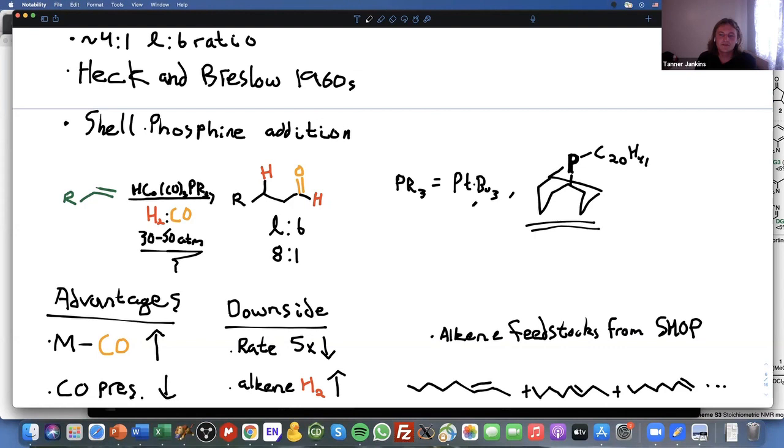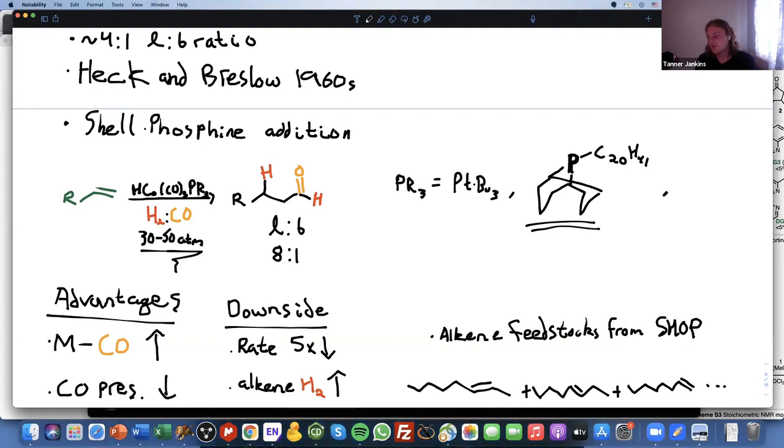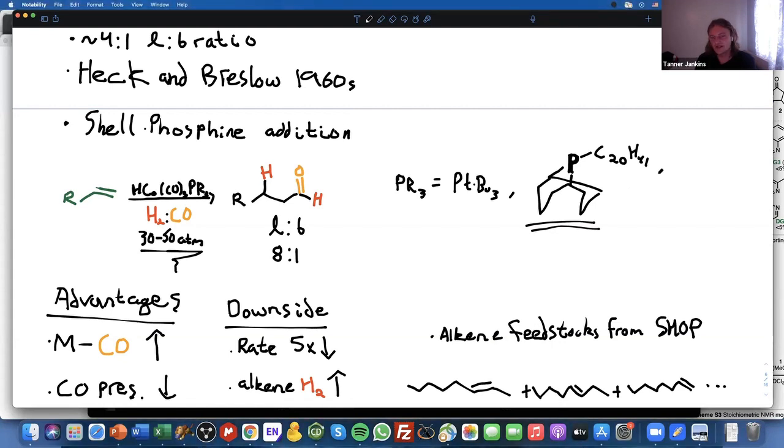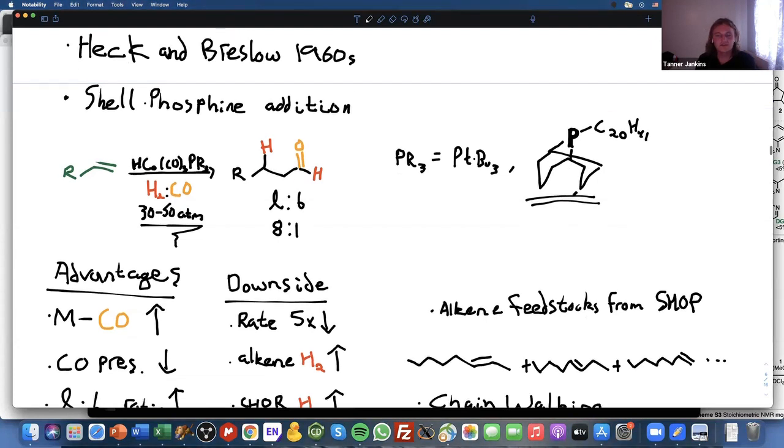First being that tri-tert-butylphosphine is also volatile, and in order to be recovered, can often get leached into the product. So Shell then switched to the use of a similarly bulky phosphine. However, this one has a very high molecular weight, so it is not eluted out in the distillation of the aldehyde product. And so this will stay in the reaction vat and you won't get appreciable loss of phosphine ligands.